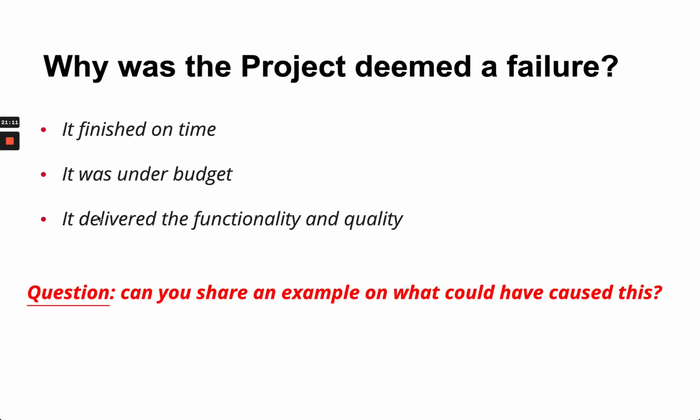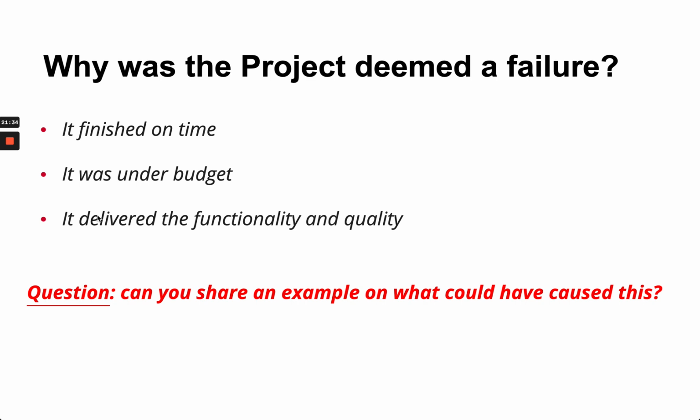So here's a question, team. I value your thoughts. Let's say, for example, we finished on time. It was under budget. We delivered the functionality and the quality. But the project was deemed a failure. Now think about that question.